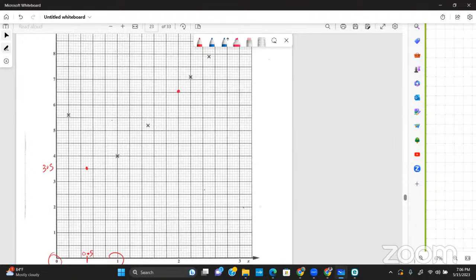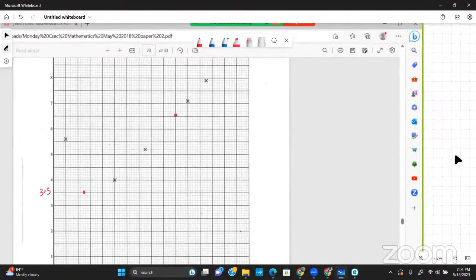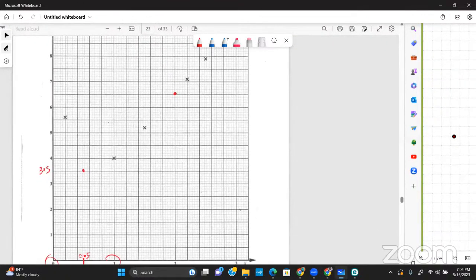Now, remember, it's not always about quadratics. So it's going to be coming from up here. There it is.